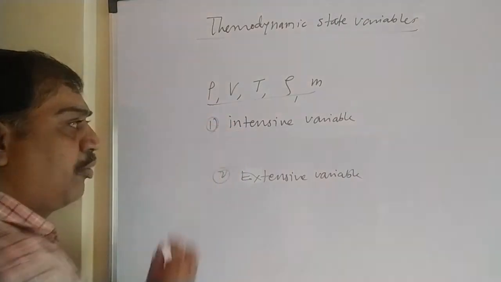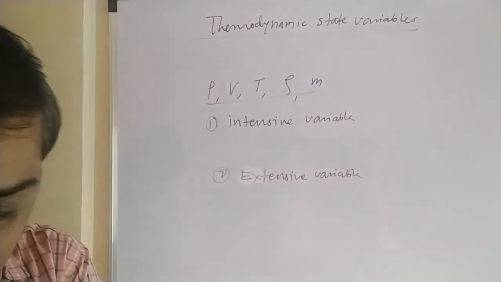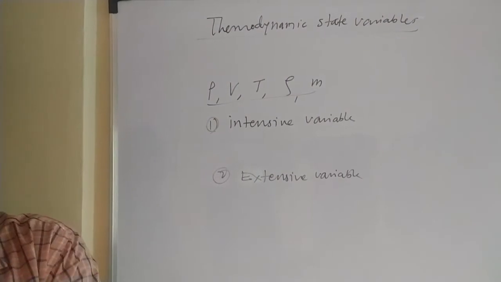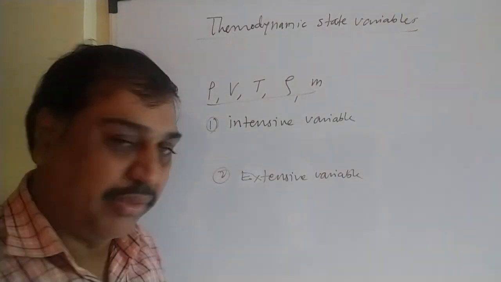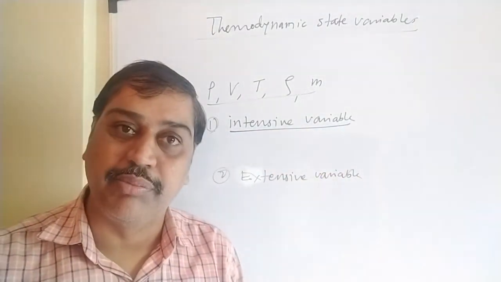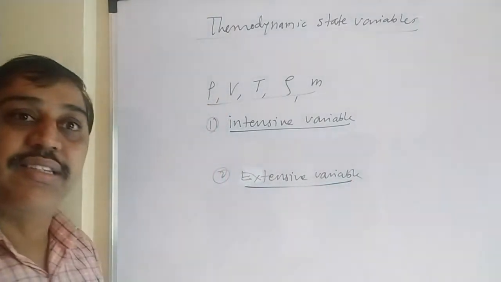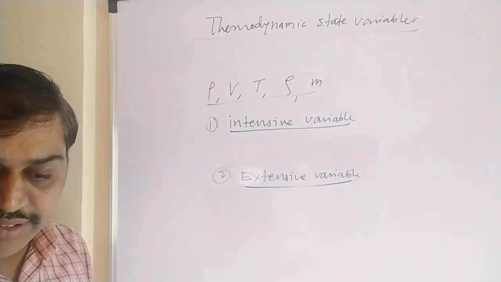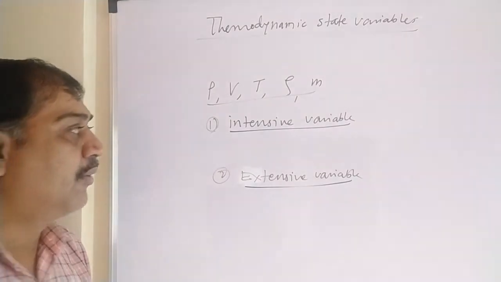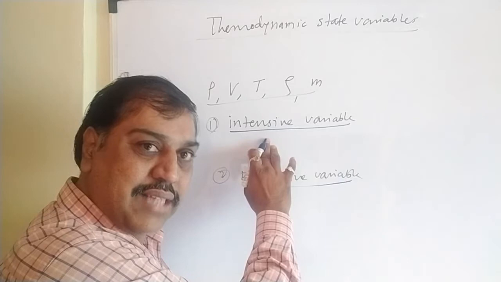Intensive variables are the variables which do not depend on the size of the system, while extensive variables depend on the size of the system. Now it is a little bit confusing. How can we distinguish? Intensive variables do not depend on the size of the system.